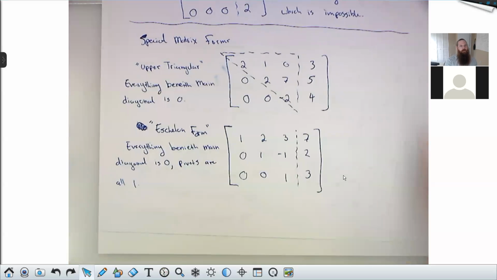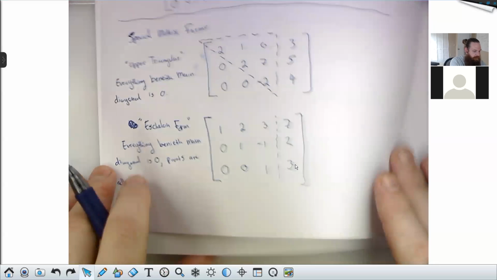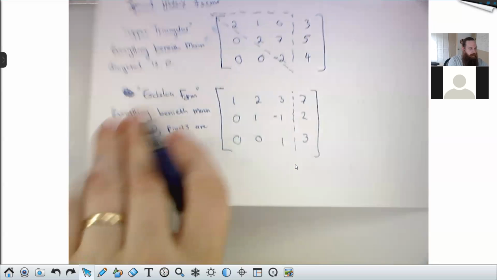And we've talked about this also. There is one more form that we haven't talked about called reduced row echelon form. And that's where these are all ones, everything beneath is 0, and everything above is 0. Reduced row echelon form is the easiest way to read off the solution, but it's the hardest to get.